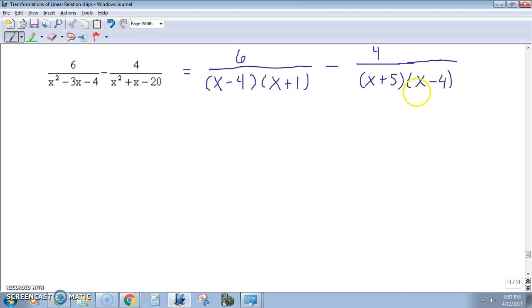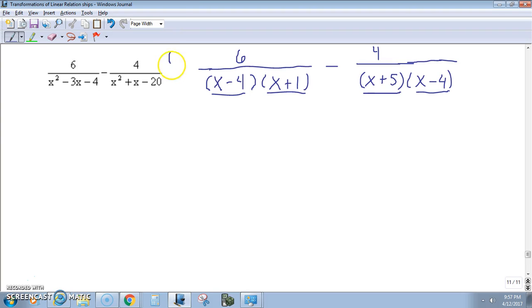Cool, so we're almost there, right? Each one has an x minus 4, but then this one has an x plus 1, and this one has an x plus 5. So what is each one missing? This first denominator is missing an x plus 5, and the second denominator is missing an x plus 4. So over here, let me just erase something really quick. There we go.